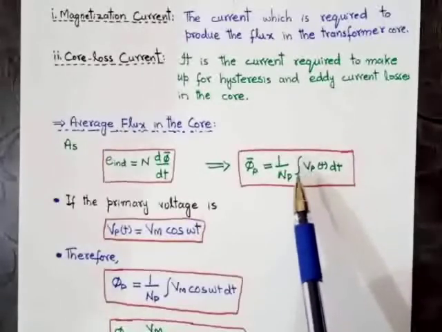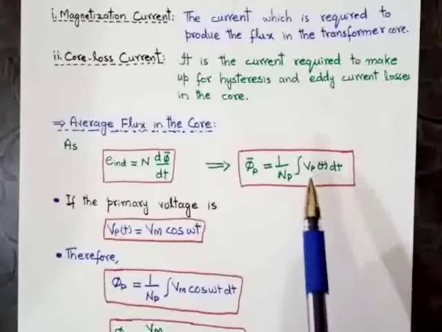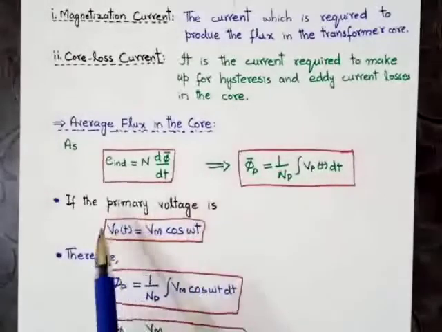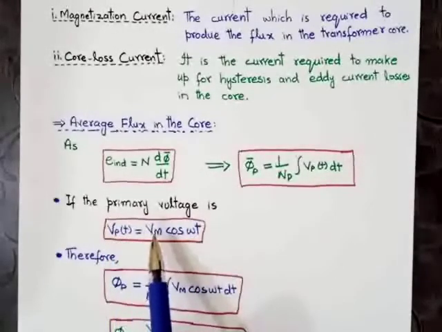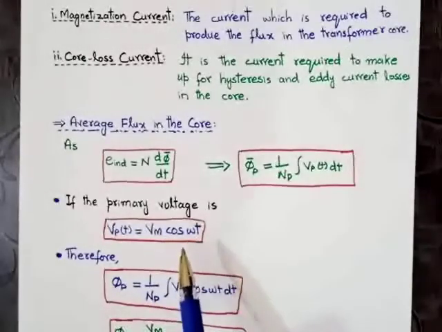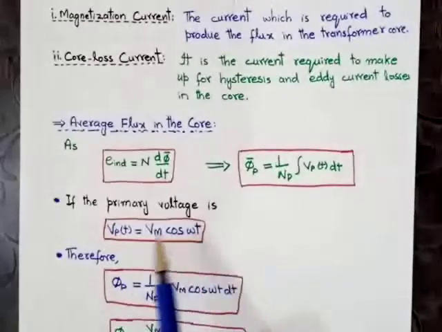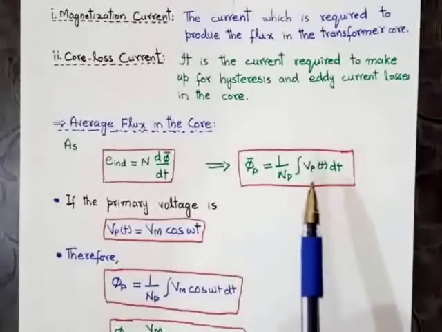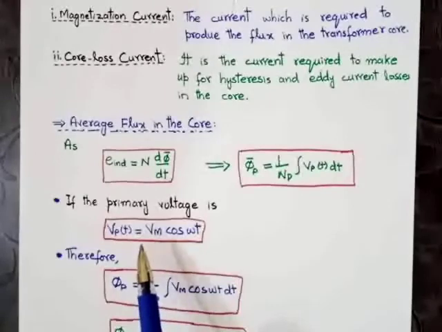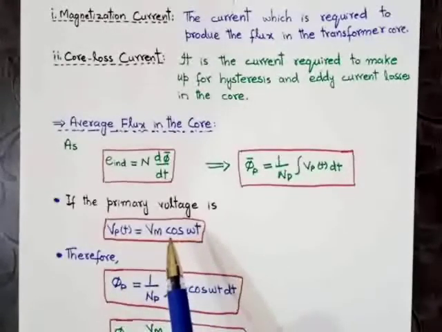Now let the applied voltage across the primary circuit be Vp(t) equal to Vm cos omega t, that is, the waveform of the applied voltage is in cosine form.